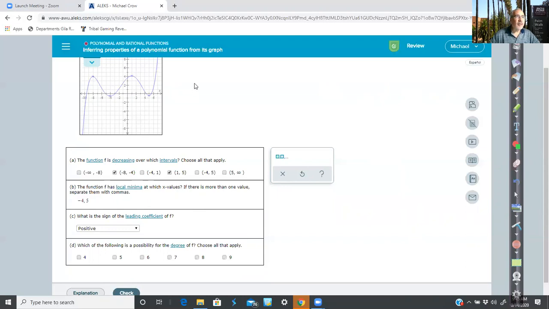So turning points plus 1. So we count, here's 1, 2, 3, 4. So 4 turning points plus one more. It has a degree of at least 5.